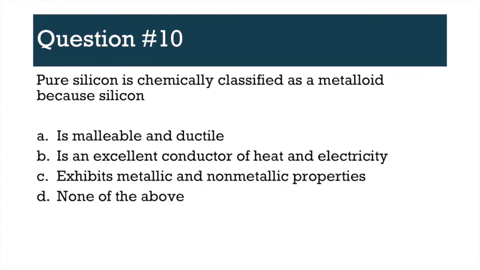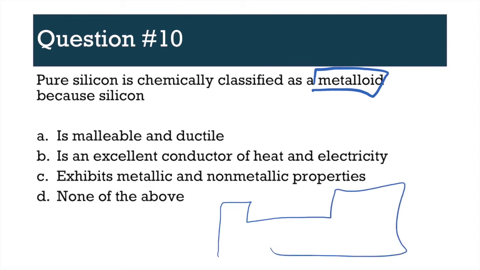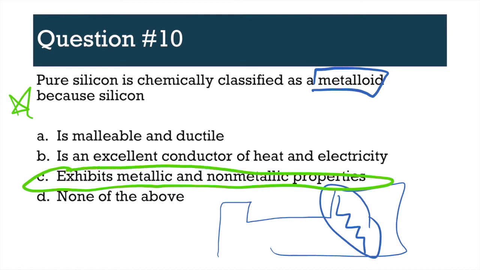Okay. Number 10 says pure silicon is chemically classified as a metalloid because silicon... So if we're talking about metalloids, here's your periodic table. Metalloids are that staircase. They're not quite metals, they're not quite nonmetals. The definition of a metalloid, and this is super important, is that it exhibits both metallic and nonmetallic properties.